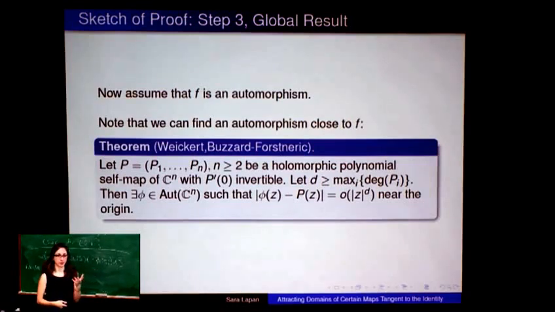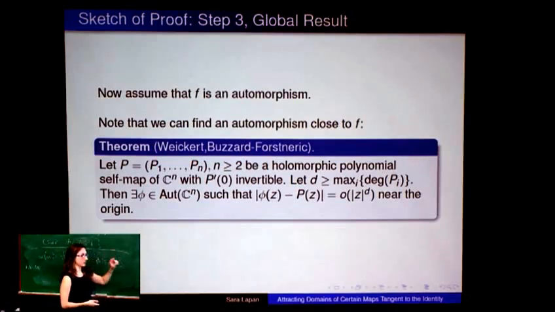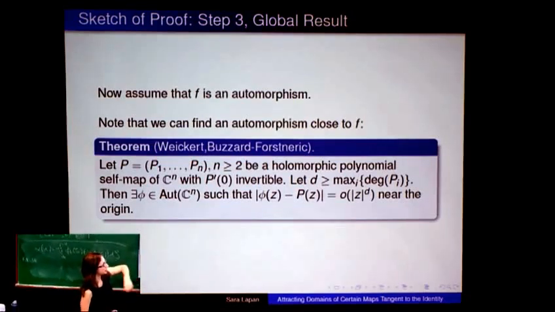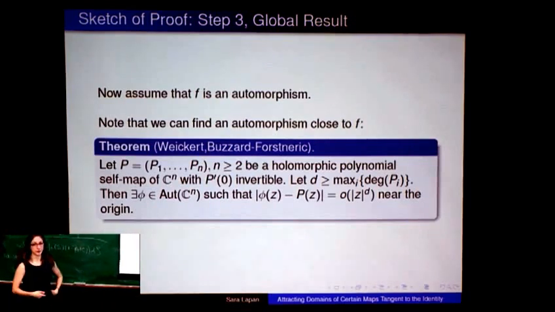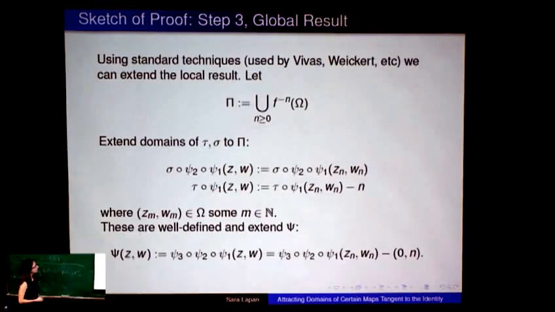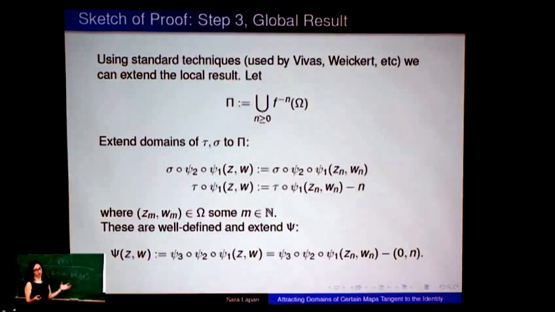Then we can find an automorphism that is very close to the holomorphic polynomial that we started with. But we're going to assume that there is such an automorphism.